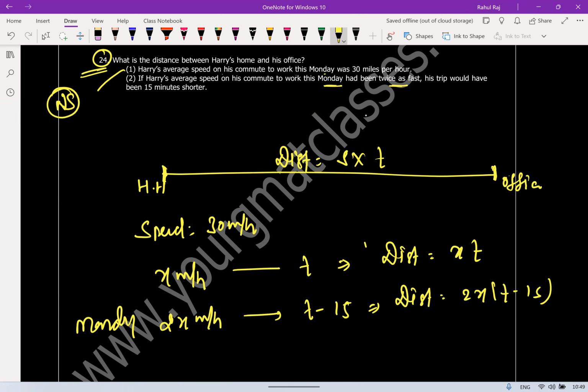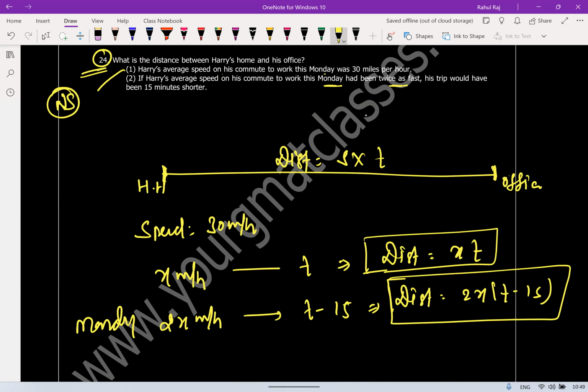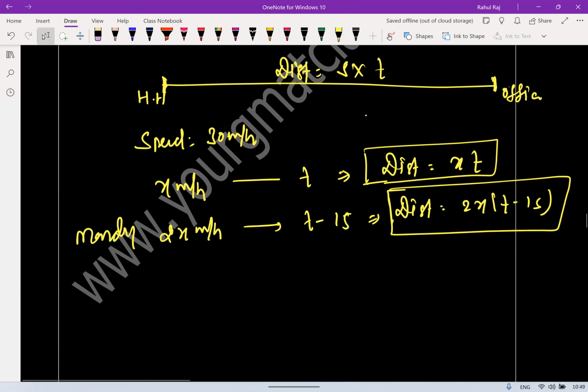But don't you feel this distance and that distance are technically the same? What I've told you in distance, time and speed in GMAT, you are supposed to only equate distance or time to solve any problem, however complex it is. So these are the two same distances, and I'll equate them. xt is equal to 2x into t minus 15.